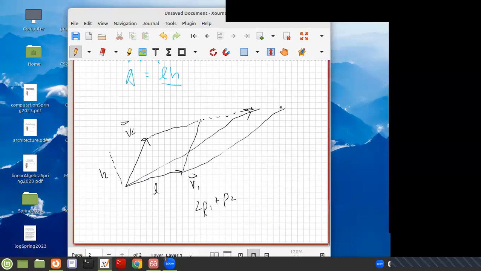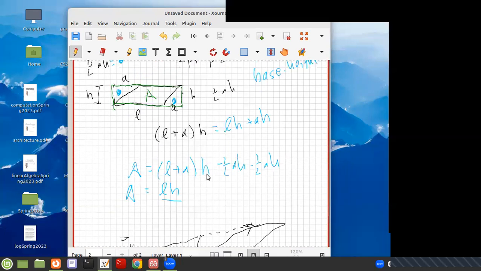I end up with another parallelogram, but you can see that it has the same base and the same height, because what I'm adding to the second vector is a multiple of the first. What I'm trying to motivate is the idea that a row operation just takes a parallelogram and shifts it over without changing the height. So the area here and here are the same. Whether or not this is convincing, the idea holds.